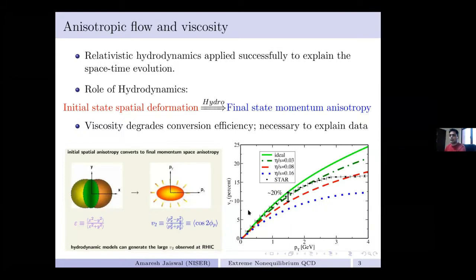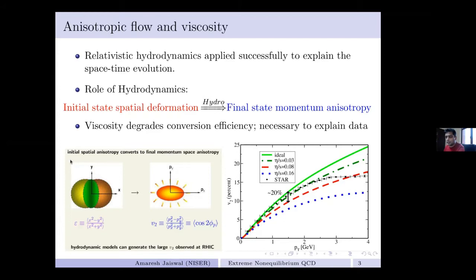So how does hydro work? Initially the motivation was that hydro would be applied to take the initial state spatial information and convert it to final state momentum anisotropy.